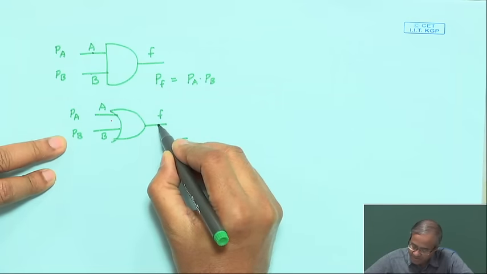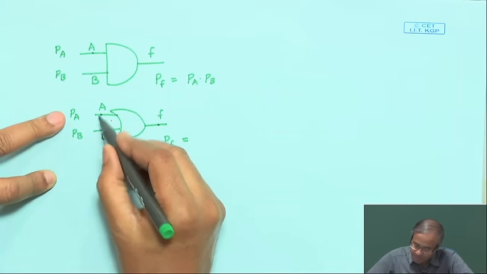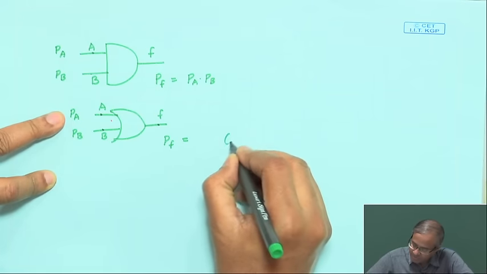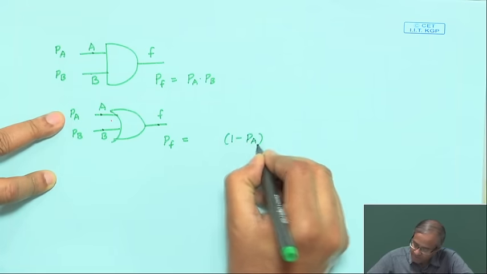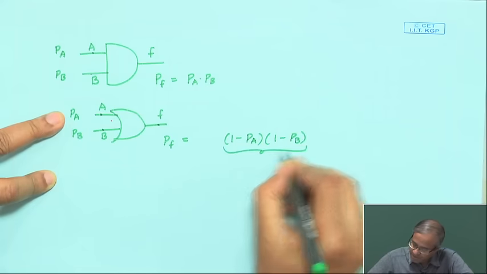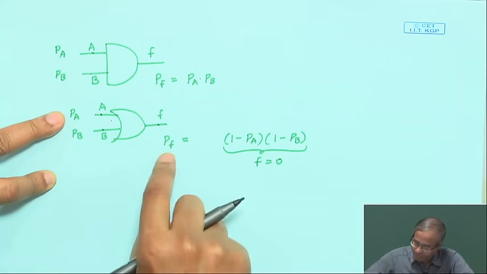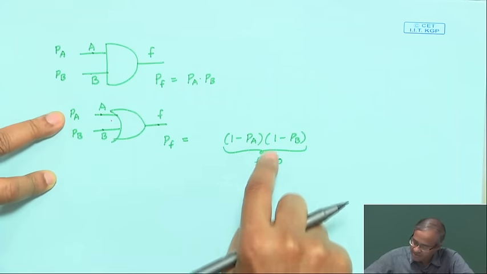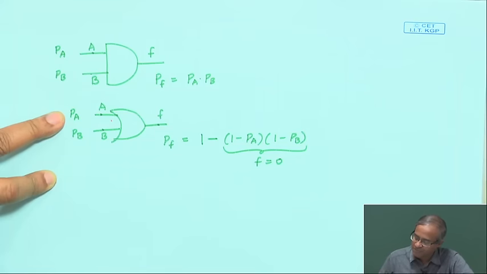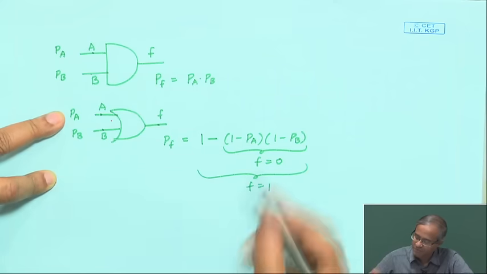The output will be 0 if both the inputs are 0, right. So, both inputs being 0 means 1 minus Pa, 1 minus Pb. So, 1 minus Pa multiplied by 1 minus Pb, this is the probability that f will be 0, right. But we want the probability f is 1. If this is the probability of f is 0, then 1 minus this will be the probability f will be 1. This whole thing will be the probability f is 1. So, it follows like this, right.